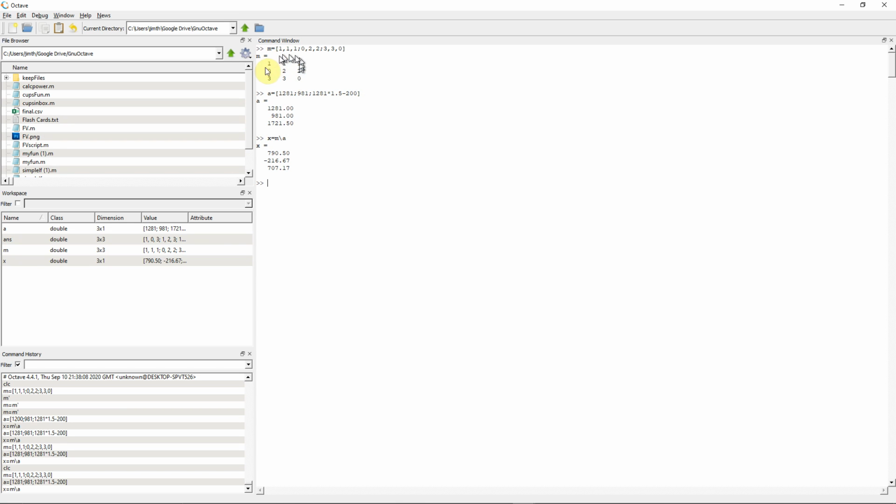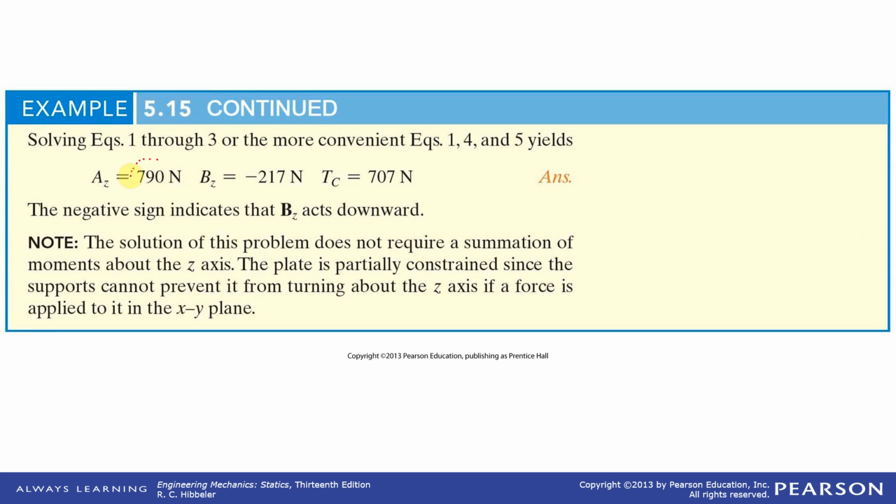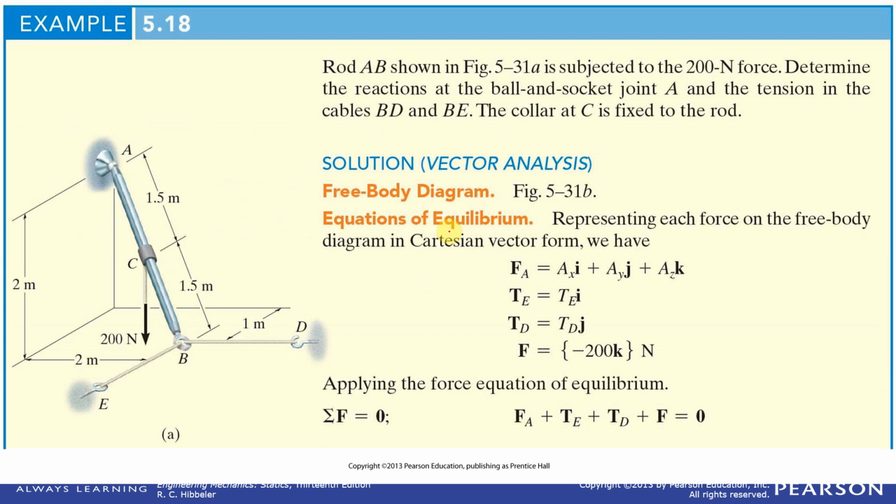So then that's what these three equations times that vector will equal this. And to find what that vector x is, that's AZ, BZ, TC, you just do the division. Matrix goes into the A vector. This command right here. So this is how you solve simultaneous equations in MATLAB. 791, 217, negative, and 707. Okay, this one we'll pick up later.